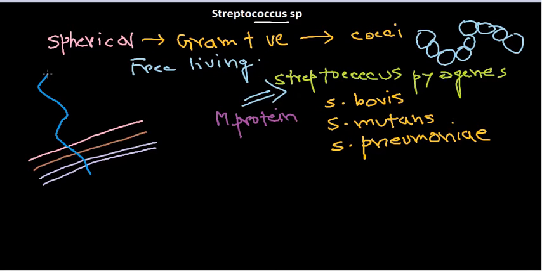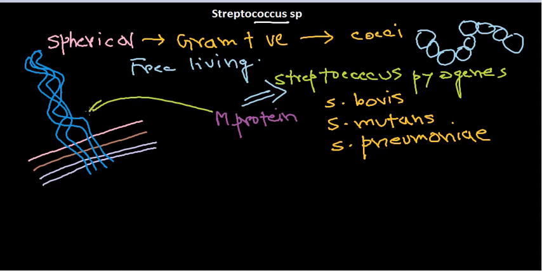This M protein will have a structure like that. Say this is M protein coming out like this. Now obviously from the other side another round of M protein is coming out. So this blue colored protein here is the M protein of Streptococcus, and it is embedded through this cell wall system.